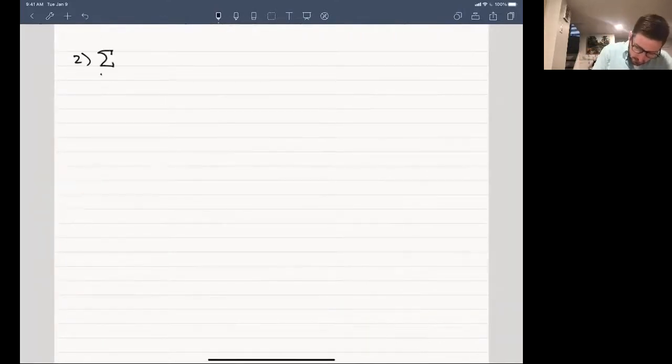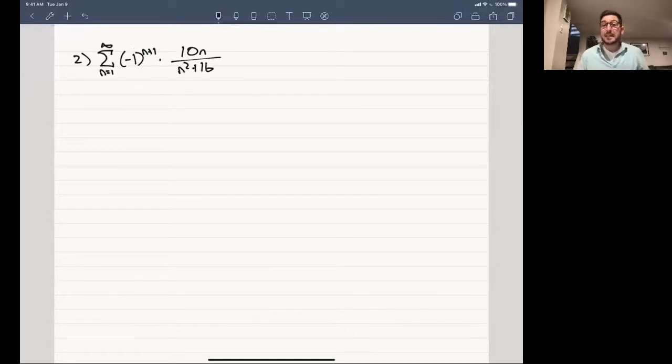Let's suppose we've got this series: the sum of (-1)^(n+1) out front, since it's an alternating series, times 10n divided by n squared plus 16. Again, you can check this is not absolutely convergent because you can compare it with 1 over n, the harmonic series.